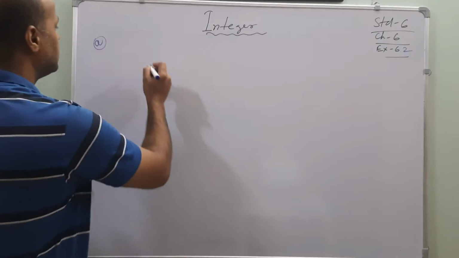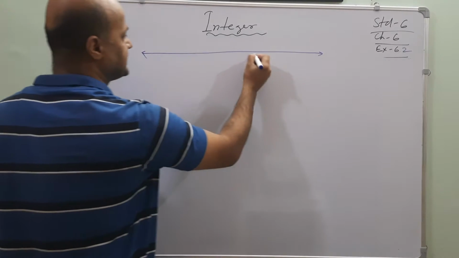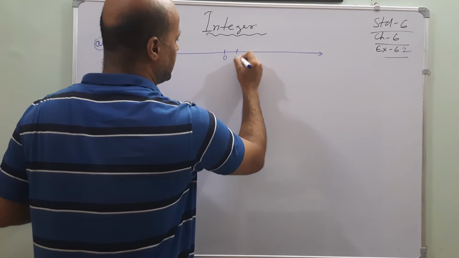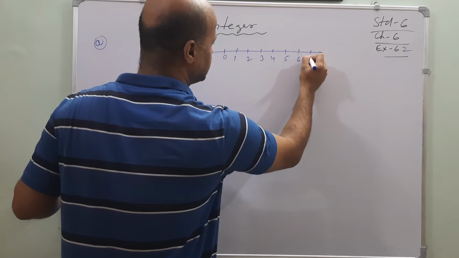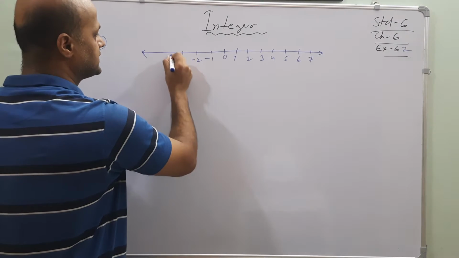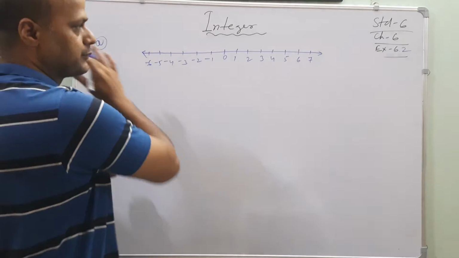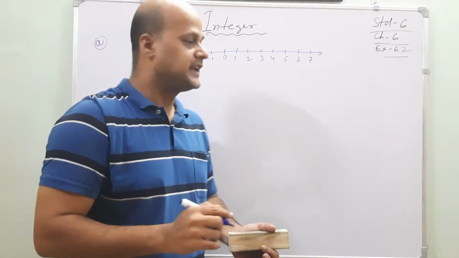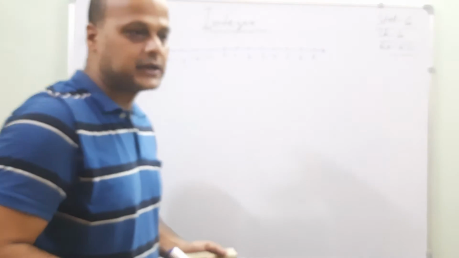First, draw a number line with the help of a scale and a pencil. 0, 1, 2, 3, 4, 5, 6, 7. Minus 1, minus 2, minus 3, minus 4, minus 5, minus 6. Okay, then after that we will discuss.